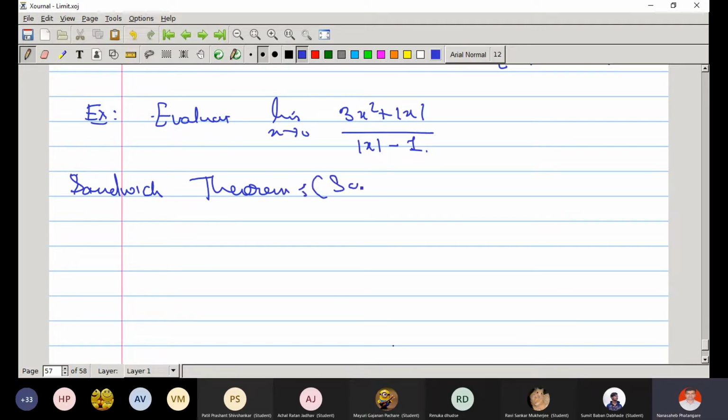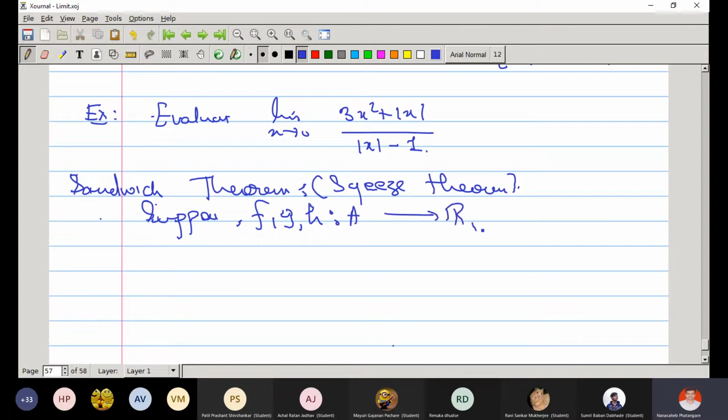Sandwich theorem or squeeze theorem. Suppose we have three functions f, g, h from set A to R, and a belonging to R is a cluster point of the domain of these functions.